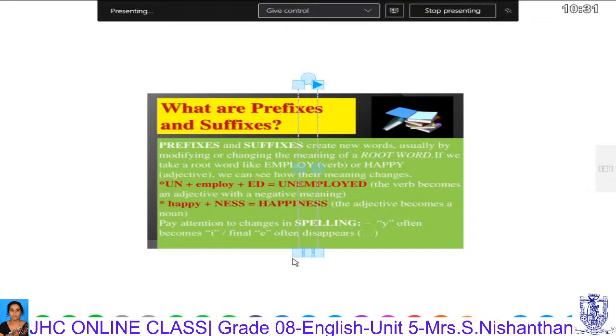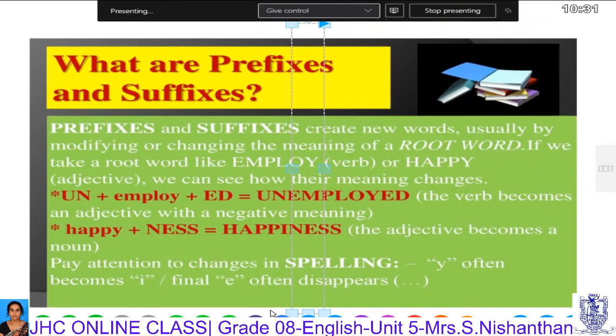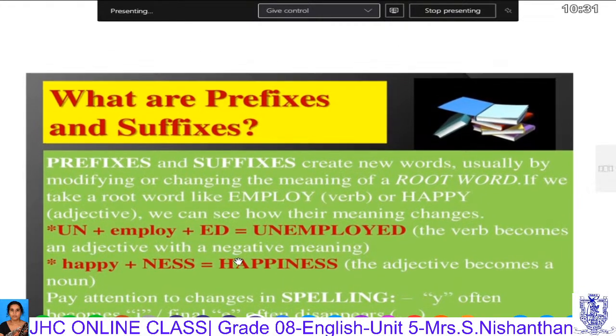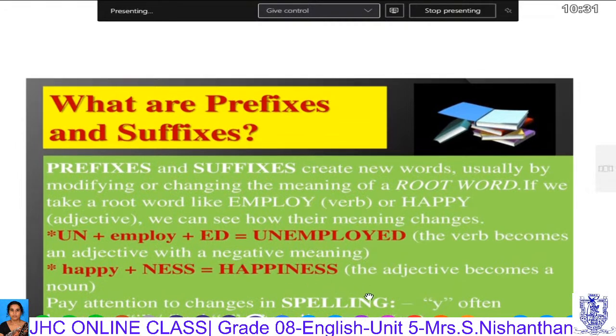Now let's look at what prefixes and suffixes are. What do they do? They create new words, usually modifying or changing the meaning of a root word.